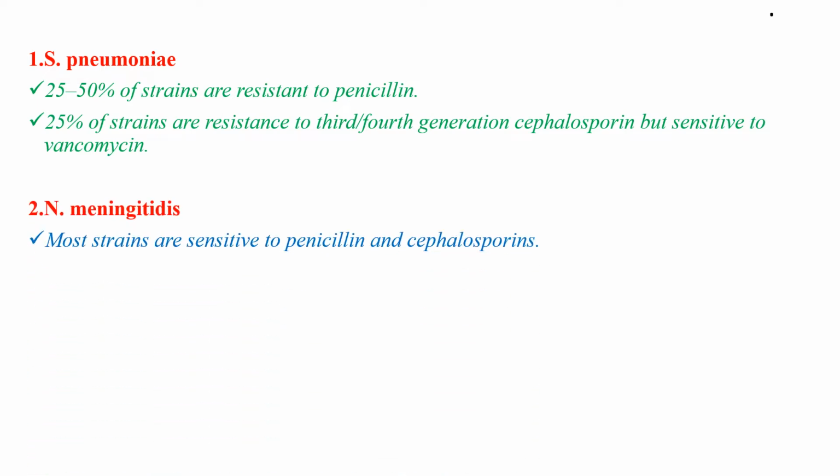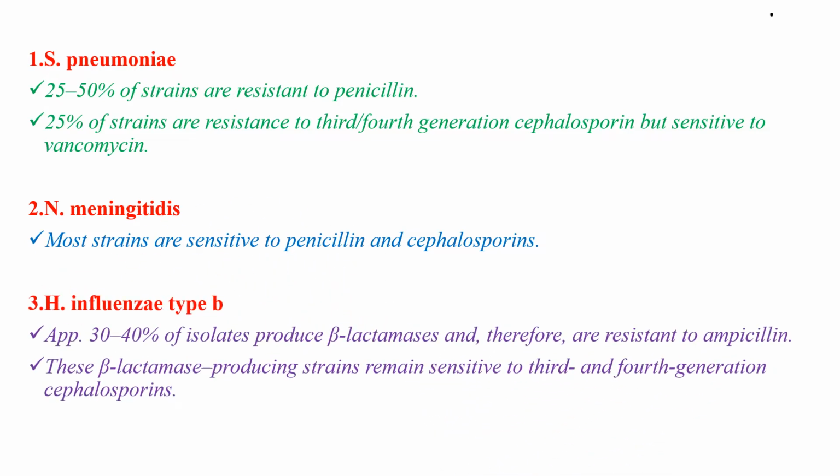The second is Neisseria meningitidis. Most strains are sensitive to penicillin and the cephalosporins. The third one is H. influenzae type B. Approximately 30 to 40% of isolates produce beta-lactamase and therefore are resistant to ampicillin. These beta-lactamase producing strains remain sensitive to third and fourth generation cephalosporin.